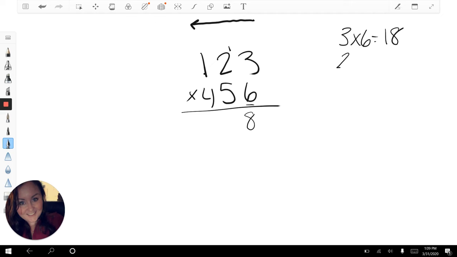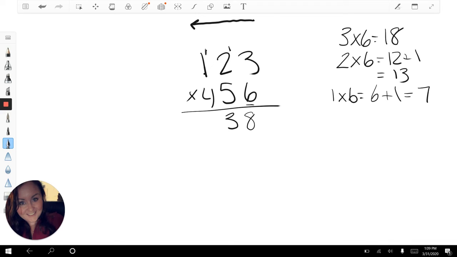Right, and next we have 2 times 6, which is 12, plus the 1 that we carried over, which is 13. And carry the 1 again. Now we have 1 times 6, which is equal to 6, plus the 1 that was carried over, which is equal to 7.